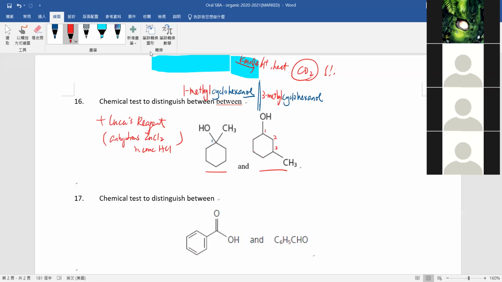Observation, please. If you use Lucas reagent, 1-methyl cyclohexanol will turn turbid immediately.